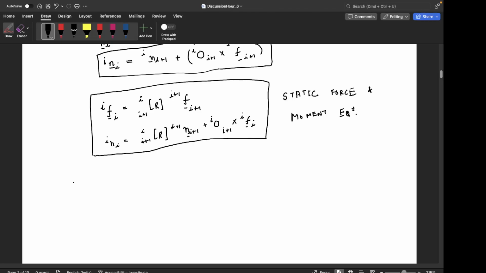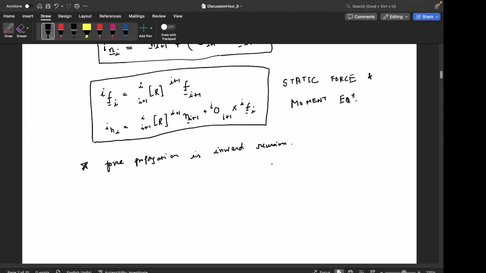So important point is that force propagation is inward recursion, and velocity was outward recursion.